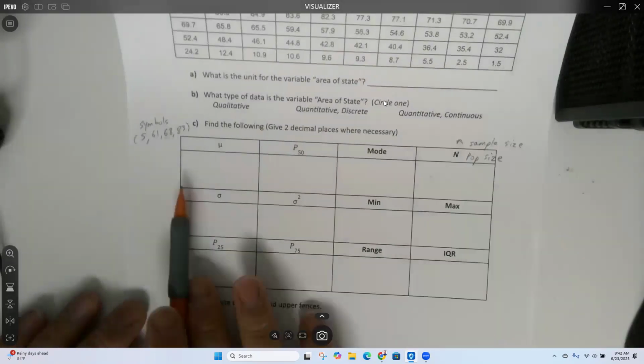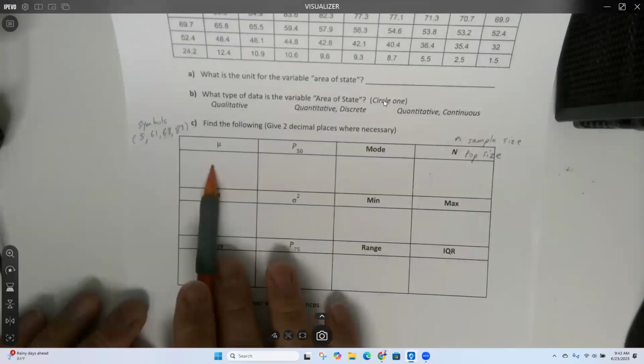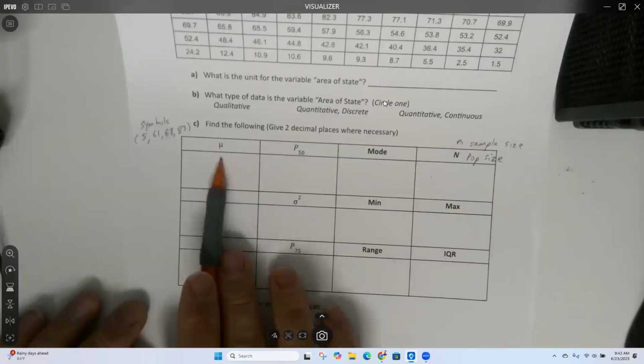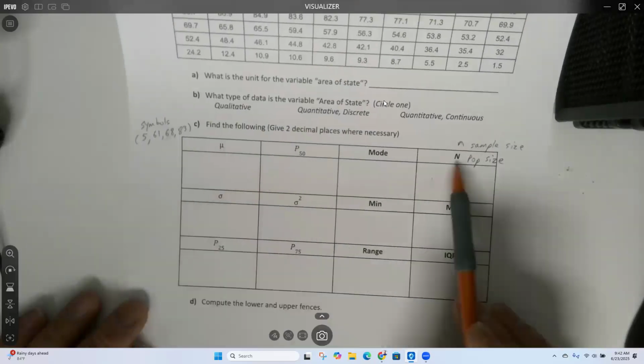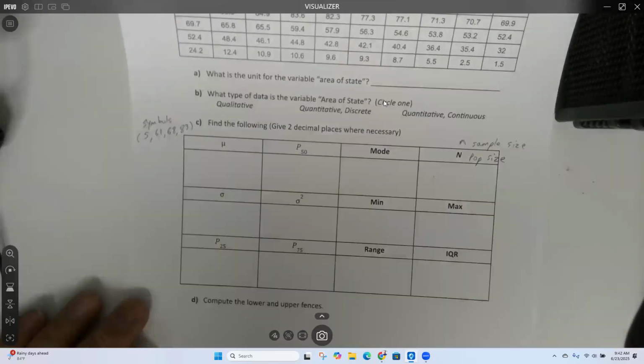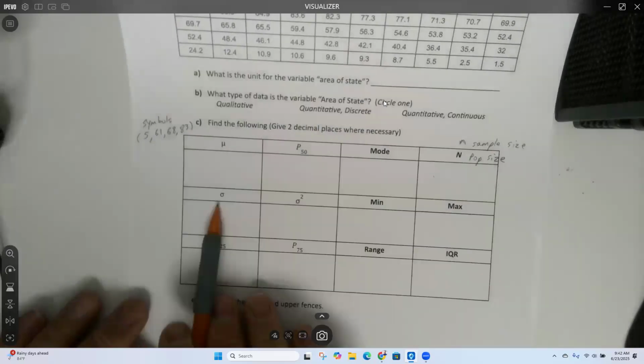So when you put in StatCrunch and you get the mean, it doesn't matter whether it's X bar or mu, it's going to tell you, here's the mean. You can just write that here. It's going to give you how many numbers there are. You can just write that here. The only one that actually matters is the standard deviation. That's the only one where you are going to have different numbers from StatCrunch, depending on if it's a population or not.